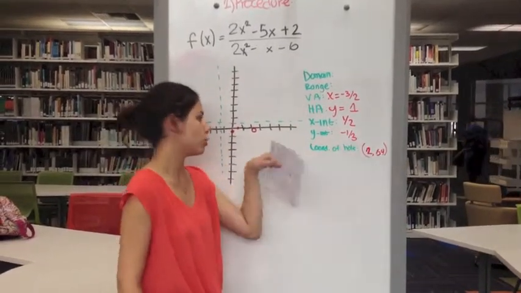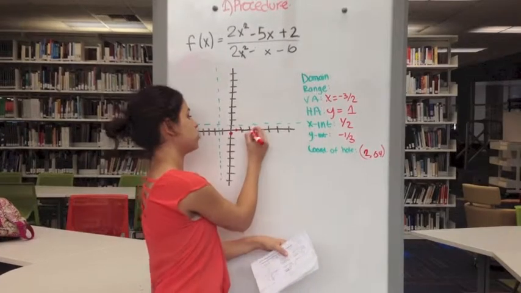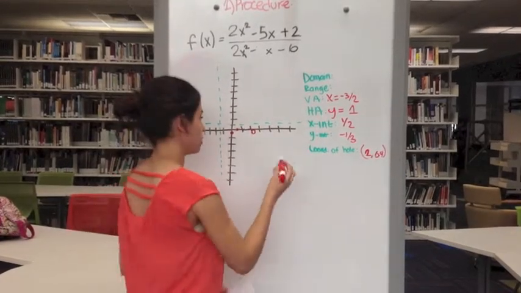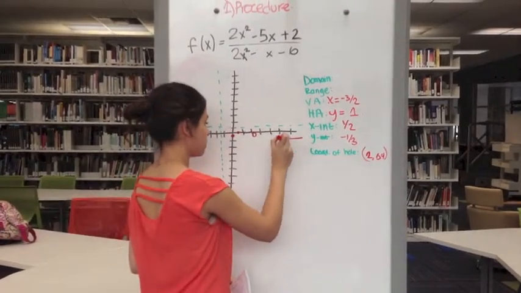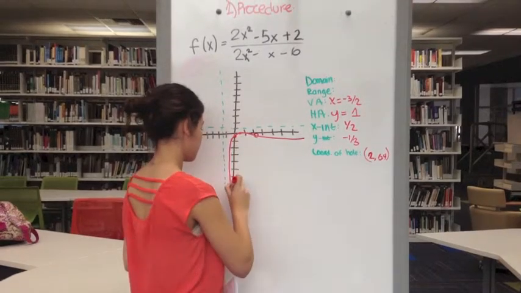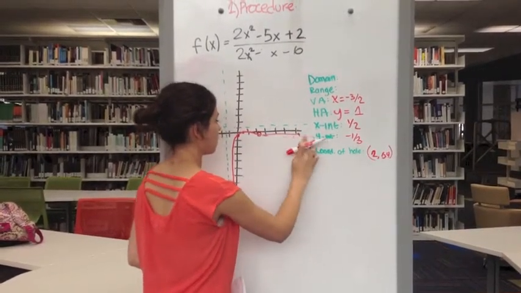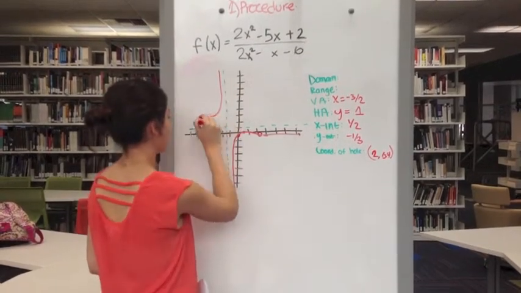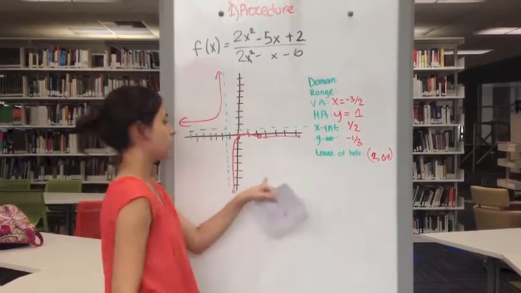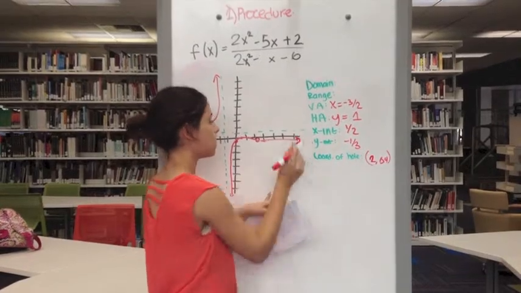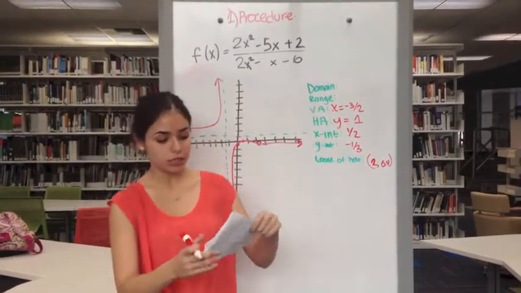And the coordinate of the hole, which is 2 and 0.4. So we do the line, and we do the line here as well. And that's how your graph is going to look.